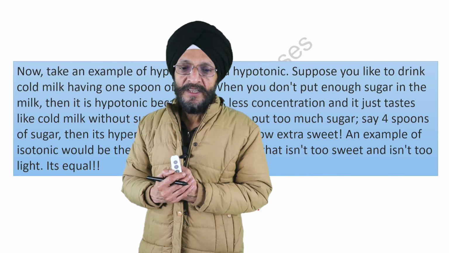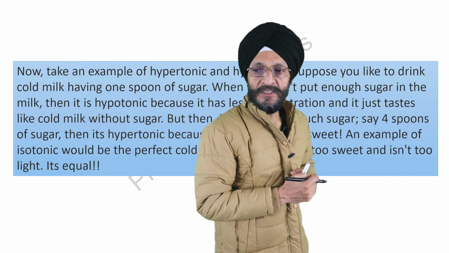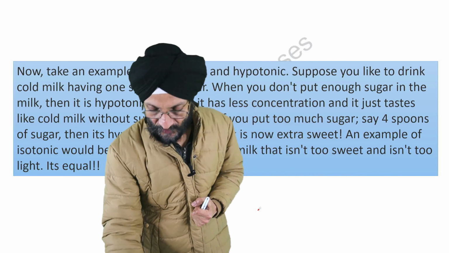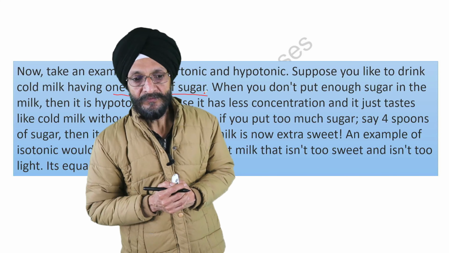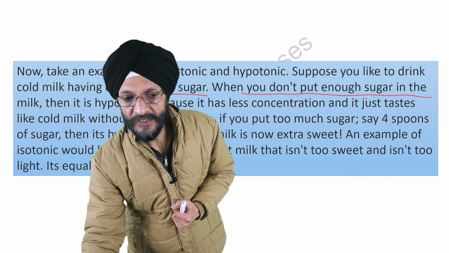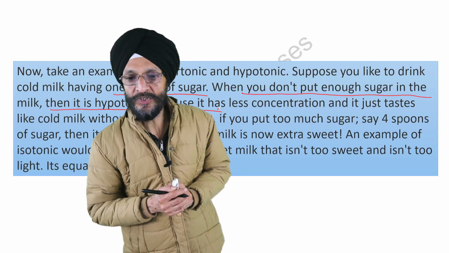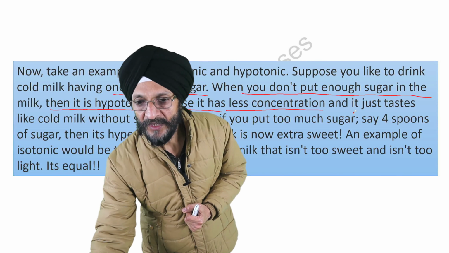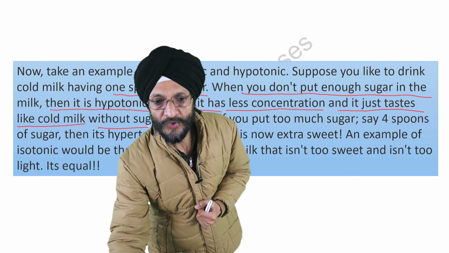Now we take another example of hypertonic and hypotonic solution. Suppose you like to drink cold milk having 1 spoon of sugar. When you do not put enough sugar in the milk, then it is a hypotonic solution because it has less concentration and it just tastes like cold milk without sugar.